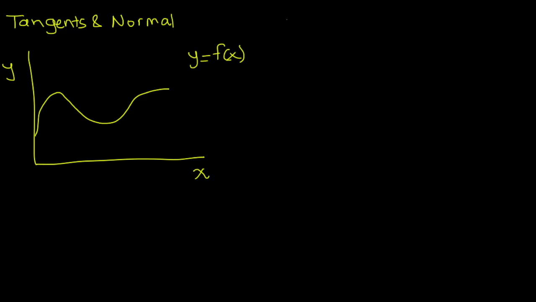So the tangent is a line. Line, meaning it's linear, is a line that intersects with the graph y equals f of x at exactly one point.